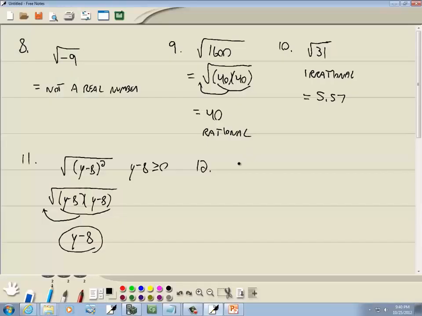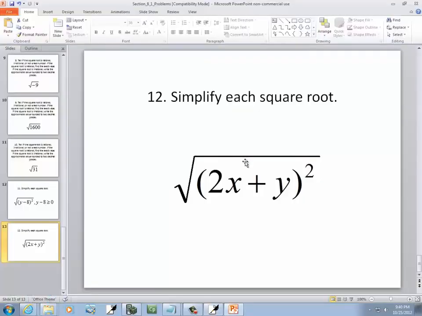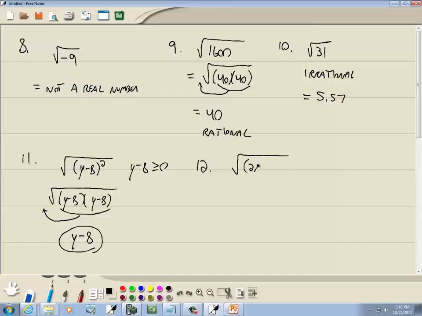Now this one right here we'll have to do something a little bit different with. I got 2x plus y squared. Well, 2x plus y squared means I'm going to have 2x plus y times 2x plus y. Now remember, with the square root, we're looking for a pair of somethings. Well, here's a pair of 2x plus y's, so that's going to come out in front as a single 2x plus y.